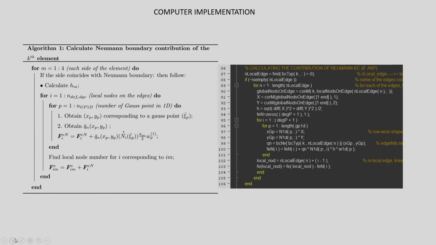Okay. So, what we have to do first, let us understand, say if this is the domain and suppose we had 4 elements 1, 2, 3, 4, and we had the node numbers as 1, 2, 3, 4, 5, 6, 7, 8, 9. Alright.